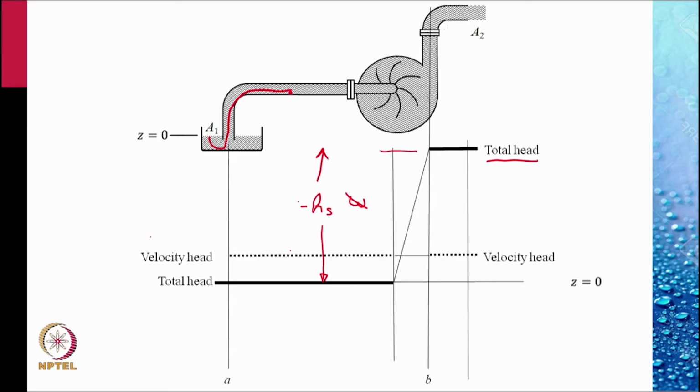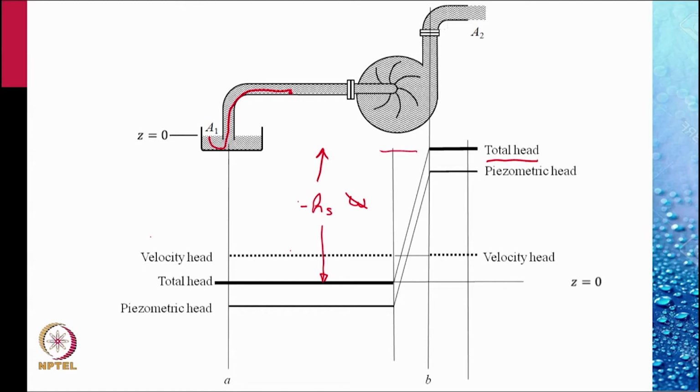Since the pipe has a constant diameter, the velocity is constant throughout the pipe, and so the velocity head is a horizontal line. Clearly, the piezometric head, which is the sum of the elevation head and the pressure head, is equal to the total head minus the velocity head.